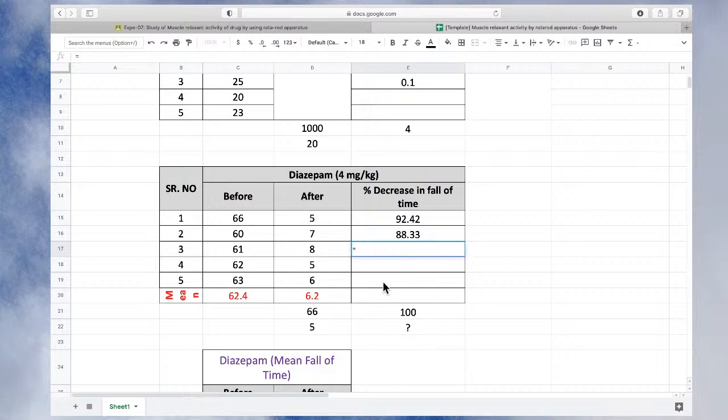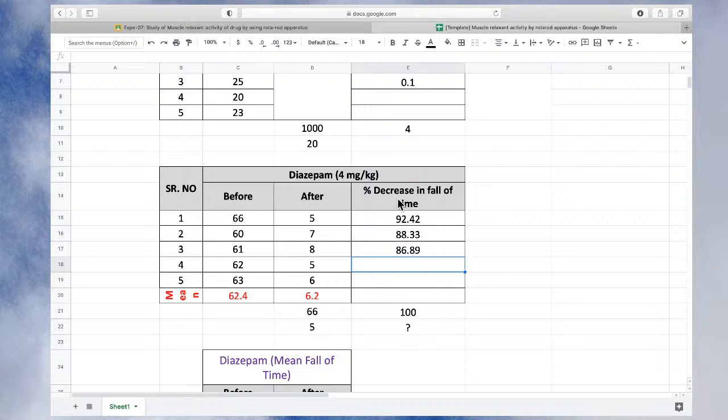I will be calculating for one more animal so that you can remember it. I am selecting 100 because you are subtracting from the 100% activity: 100 minus 8 multiplied by 100 divided by 61. Accordingly, you will get the percentage decrease in fall off time of this animal.